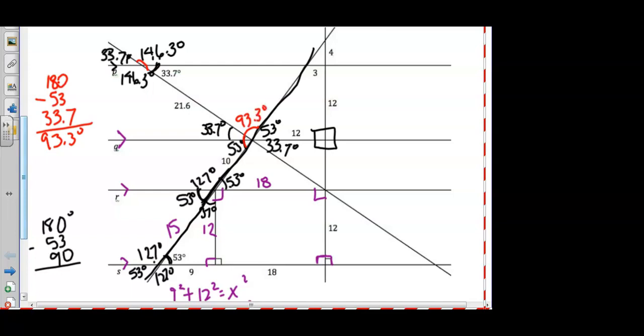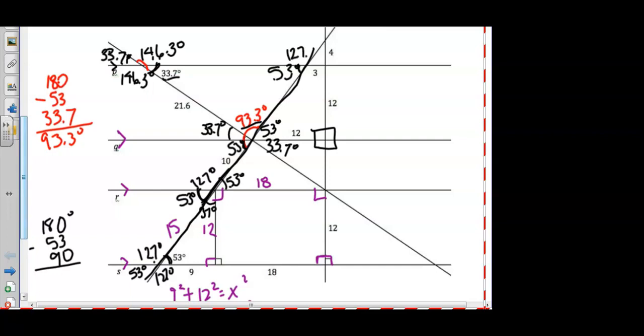Now I have a triangle at the top, so I can do the same thing and add 33.7 plus 93.3 degrees, subtract it from 180, and I get 53 degrees. That makes sense because this angle here, 53, corresponds with that one. And again, supplementary angles add to 180.